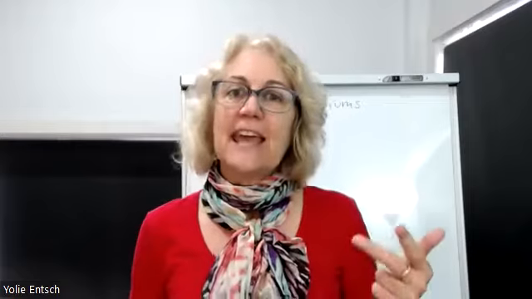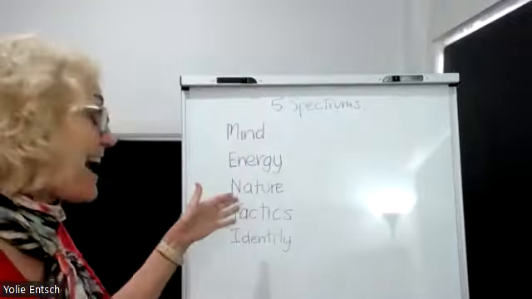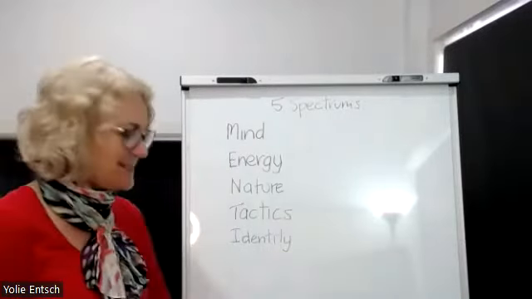When I did the 16 personalities, and I've also done this previously, I found out that I was an ENFP-T, and I'll show you what that means in a moment, and that's a campaigner. So let's have a look at that. And here are the 5 spectrums.